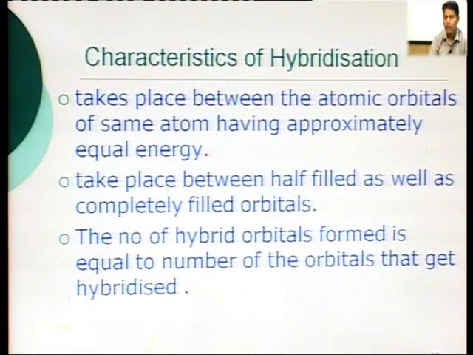But in covalent bonds, only half-filled orbitals are involved. The number of hybrid orbitals formed is equal to the number of orbitals that get hybridized. How many hybrid orbitals are formed? Equal to the number of orbitals that get hybridized, that is, that are intermixing.